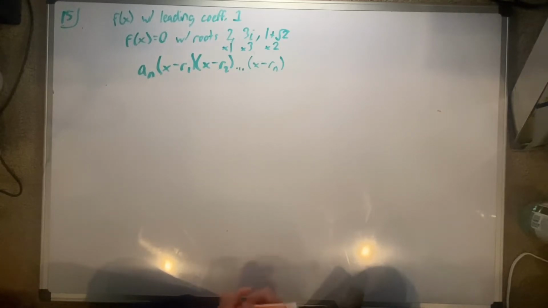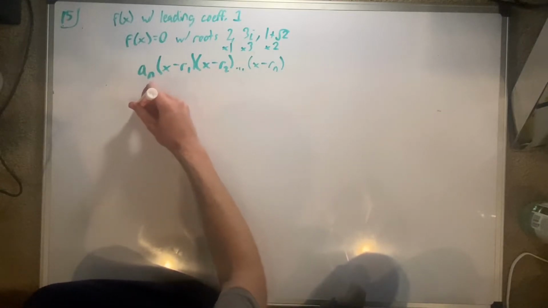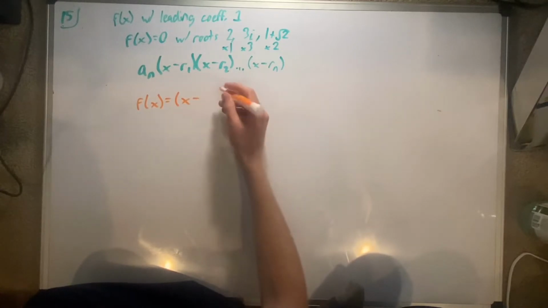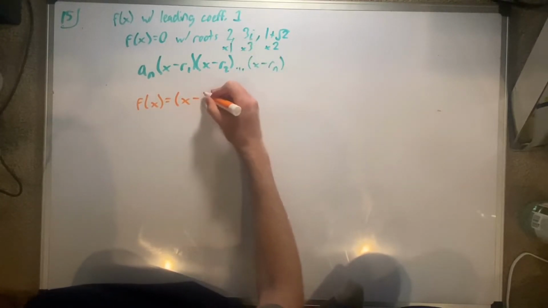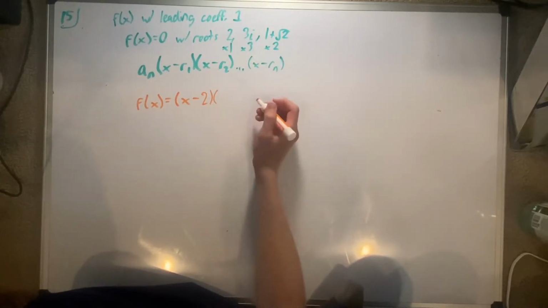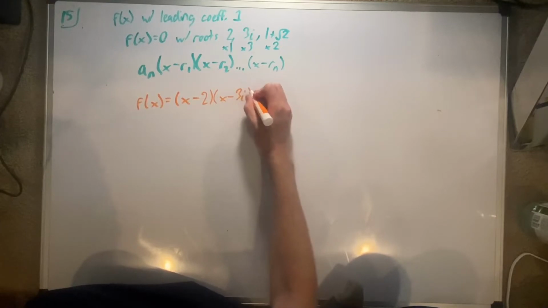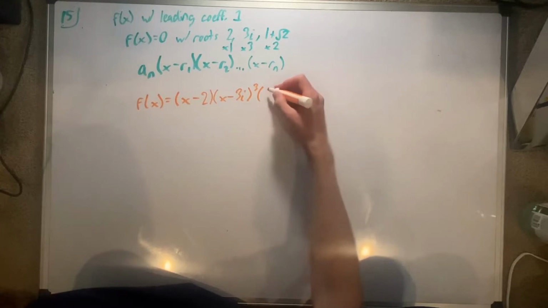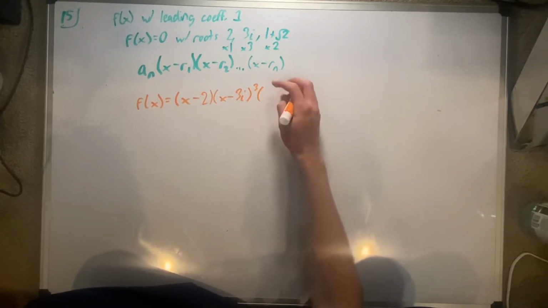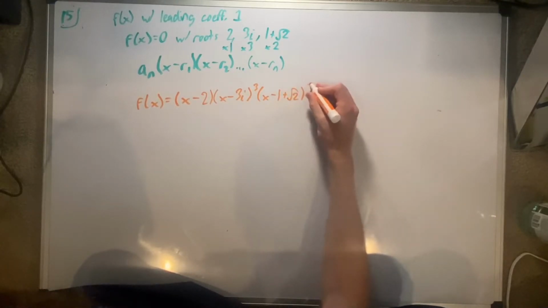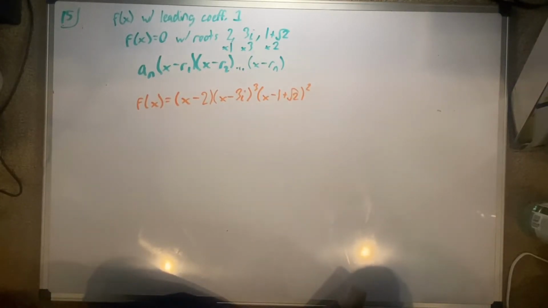So what we want to do is this. f of x is equal to x minus 2, so multiplicity 1 over root of 2, and then we were going to go 3i, so to the third, so it would be x minus 3i to the third power for that many multiplicity, and then x minus 1 plus rad 2 to the second.